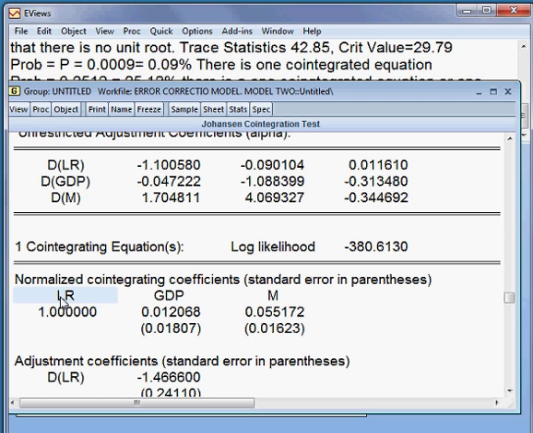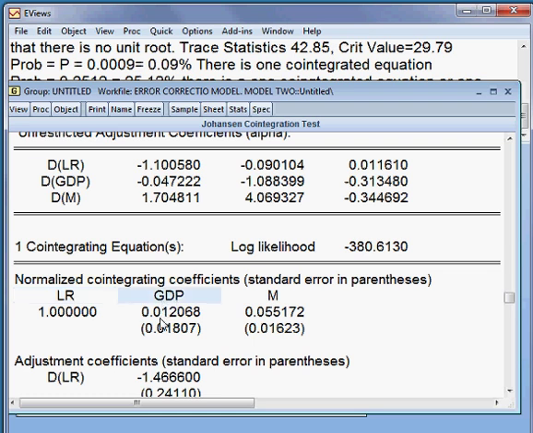Normally this happens, so we are happy about it, because when GDP goes up, it means inflation is coming, so the lending rate also goes up.